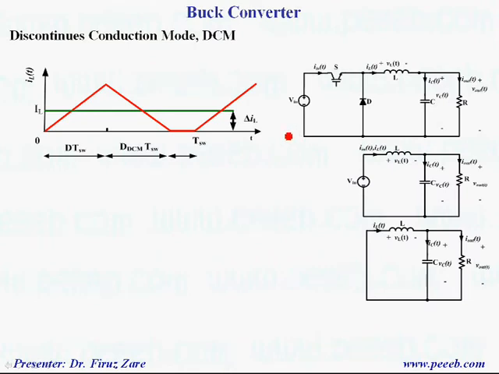When we operate in discontinuous conduction mode, the average current through the inductor, according to this current waveform, basically equals the current through the capacitor plus the load current. That means the AC part can pass through the capacitor and the DC part can pass through the load, if the output voltage ripple is not significant.